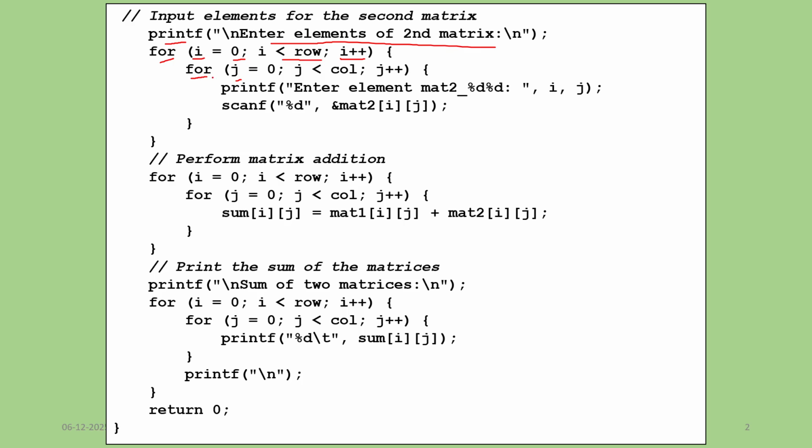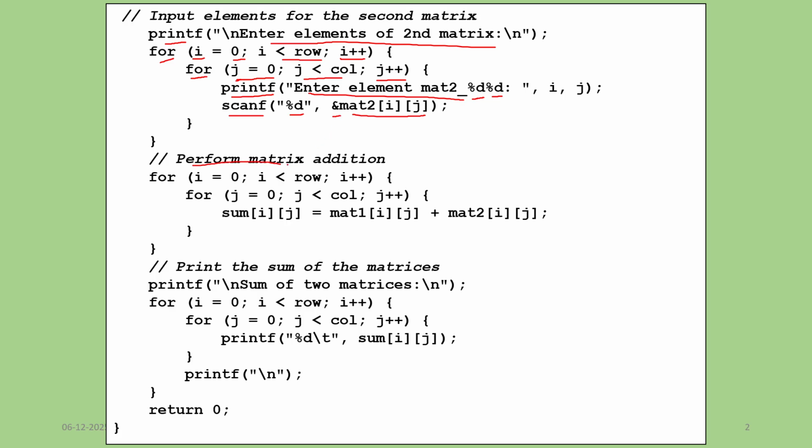And again go for the for loop here, initialize j equal to 0 and test for the condition, and j gets incremented. Okay, so once you exit this loop you get the printf enter elements matrix 2, where we can see i and j are the integers. And for that, scanf these integers of this matrix 2 and provide the address with an ampersand.